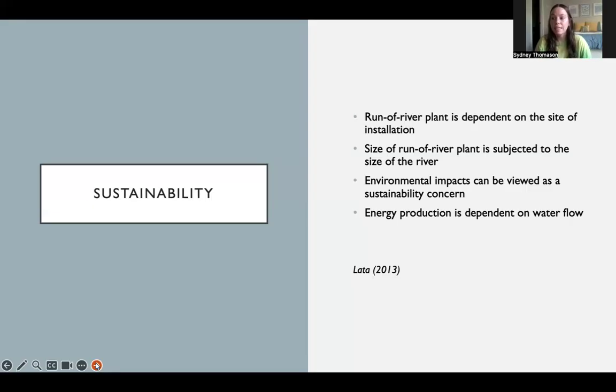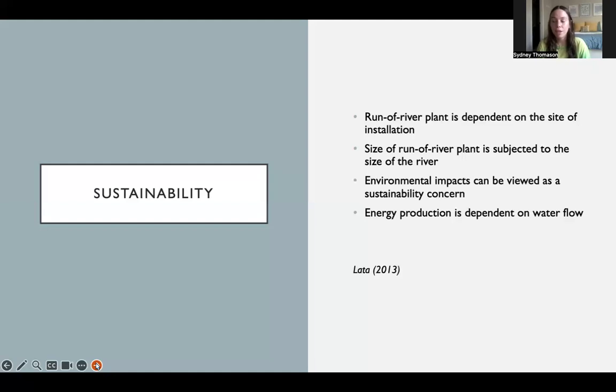Additionally, the size of the plant is dependent on the size of the river. So if you were to try to put a large plant on a small river, that would not turn out very well. Run-of-river plants do raise environmental concerns due to their impact on downstream movements of materials, as well as their midstream water depletion, which I mentioned briefly earlier.